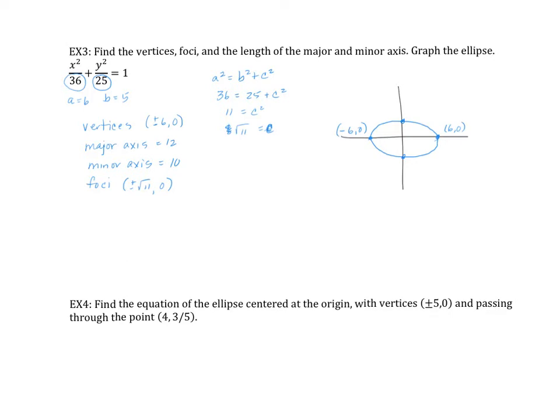It's plus and minus 5, so 0 comma negative 5, 0 comma positive 5. And then my foci are going to be inside, always inside. So this would be negative square root of 11 comma 0. And then I have positive square root 11 comma 0. And that would be the graph of my ellipse.